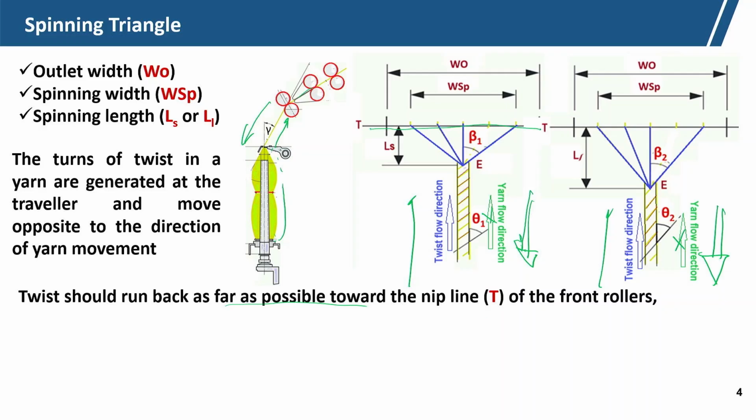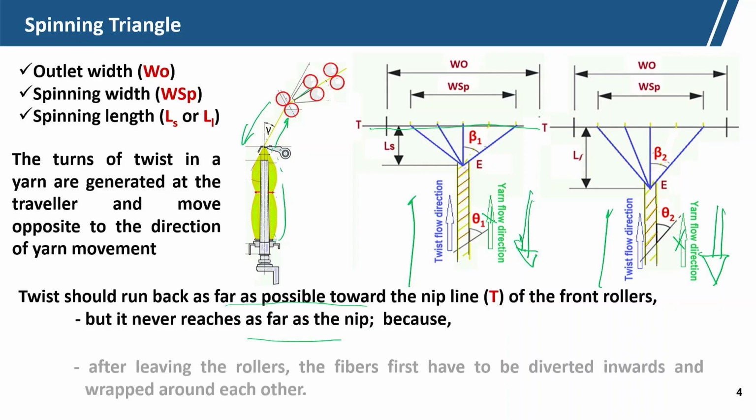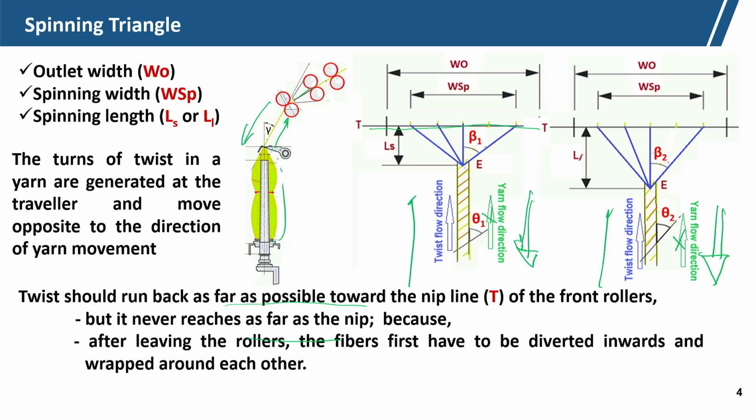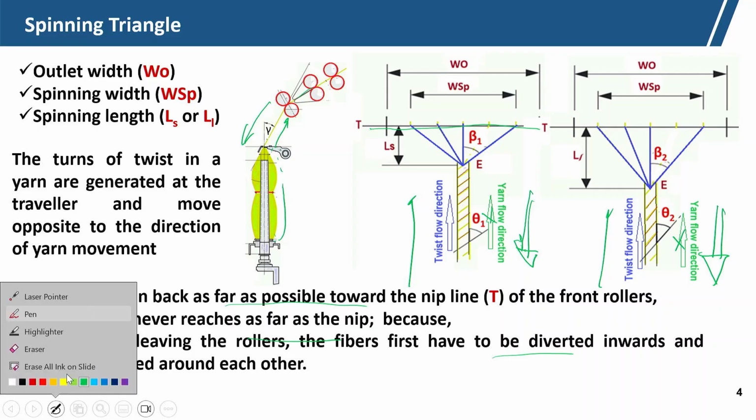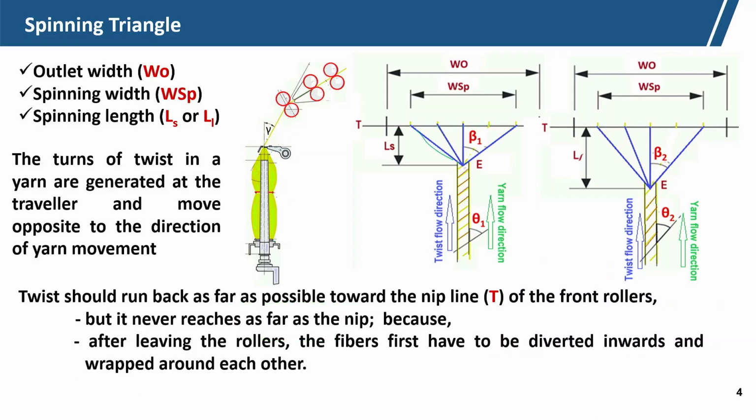This T is the nip line of the front rollers, but it never reaches as far as the nip, because after leaving the roller the fibers first have to be diverted inward and wrapped around each other. So, there has to be some diversion because of this width, that is, the spinning width W S P.